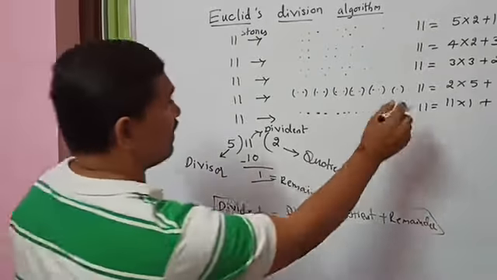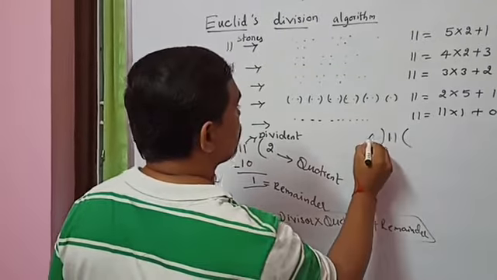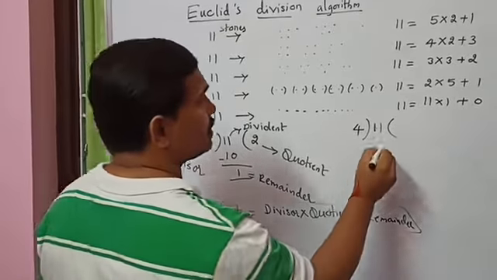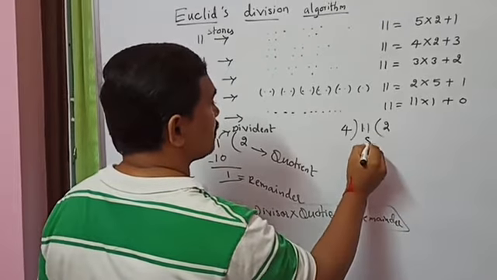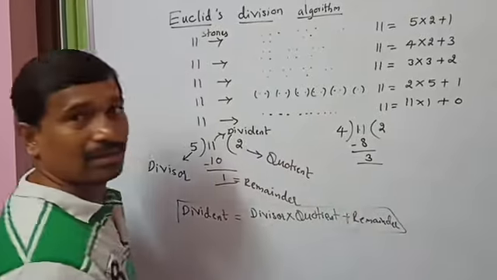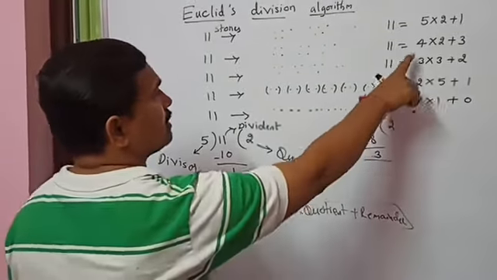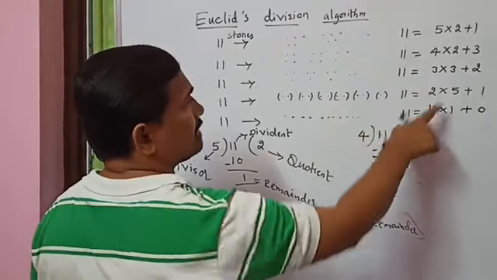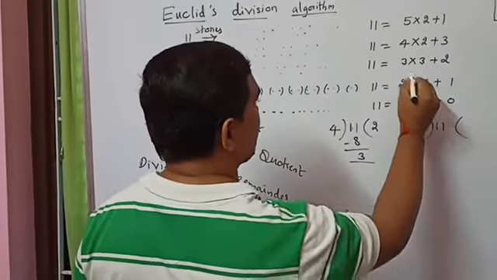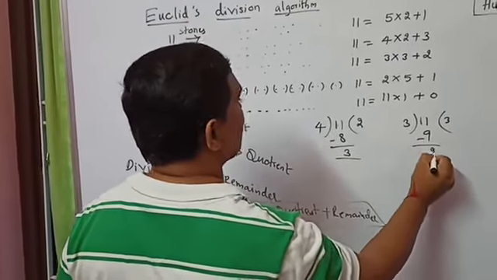See here, if I divide 11 with 4, in the 4 table, 4 3s are 12, 4 2s are 8. Subtract, 11 minus 8 is 3. So 3 is the remainder. This can be written as 11 equals 4 2s are 8 plus 3. If you divide 11 with 3, 3 3s are 9, 11 minus 9 is 2.